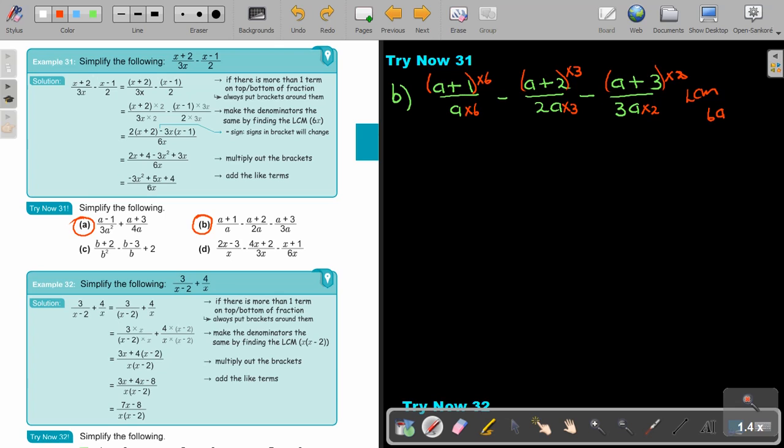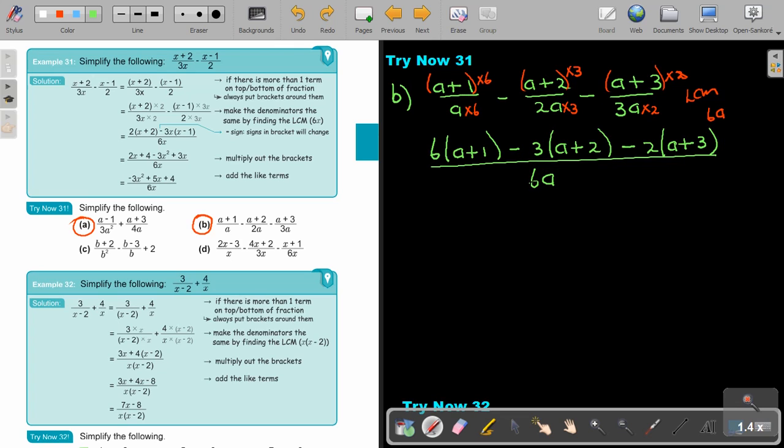Okay. And then it's going to give me 6 bracket a plus 1 minus 3 bracket a plus 2 minus 2 bracket a plus 3. And then I draw the line there, and this is going to be 6a.